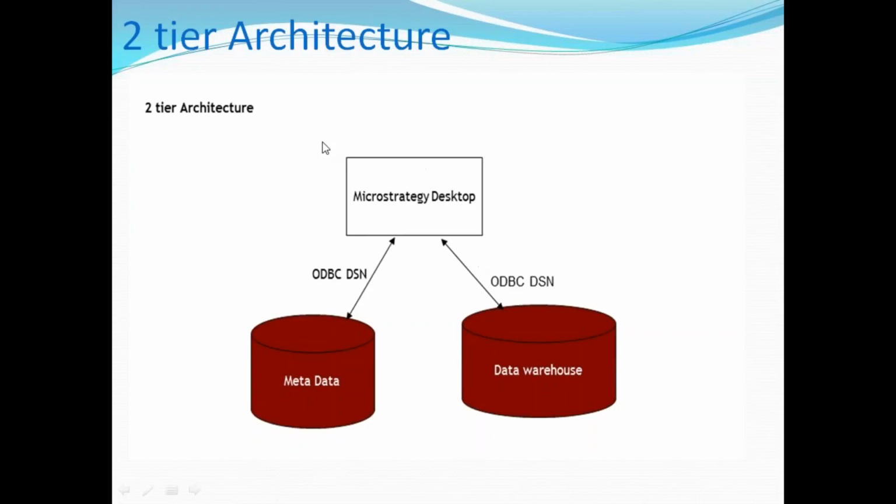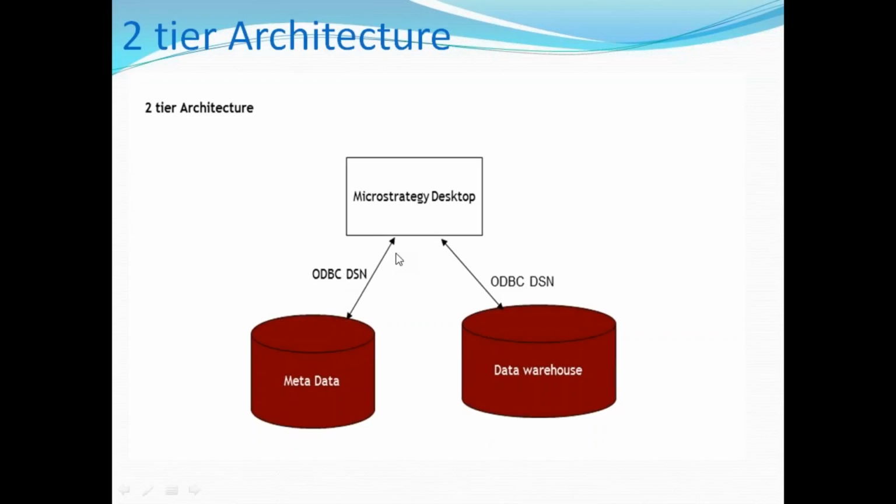In two-tier architecture, these are the components. From this interface, where we develop reports and design objects, to metadata: metadata is a database, and the data warehouse is a database. To have connectivity to any database, you need an ODBC or DSN connection.